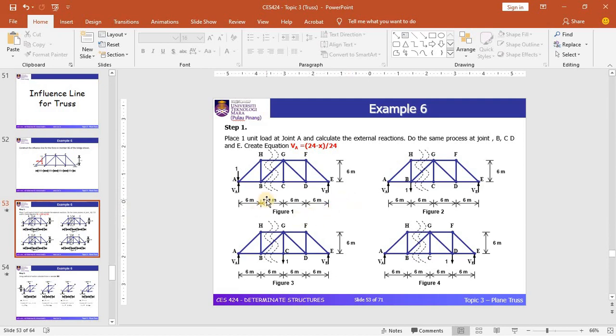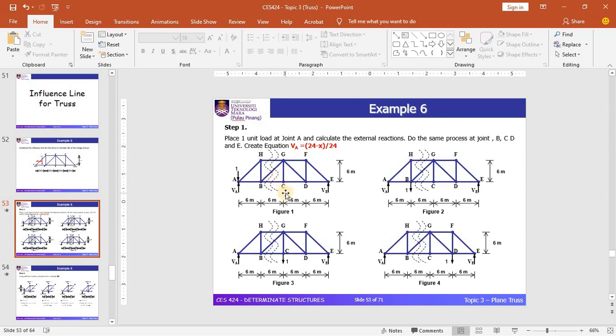Due to that, we use the method of sections in this problem. You can see that in the diagram we cut, or pass a line, in this way, as you can see in the slide. One of the members that has been passed through by this line is member BG. That is our objective for this particular problem.